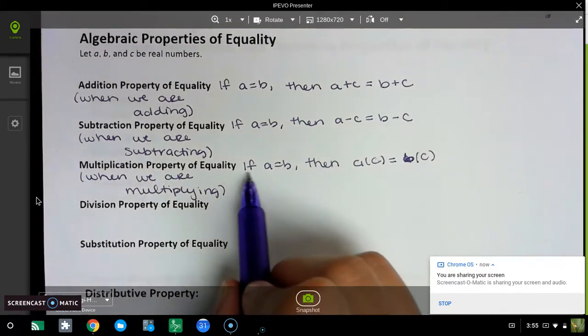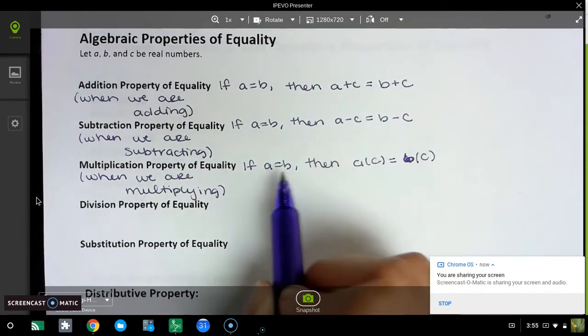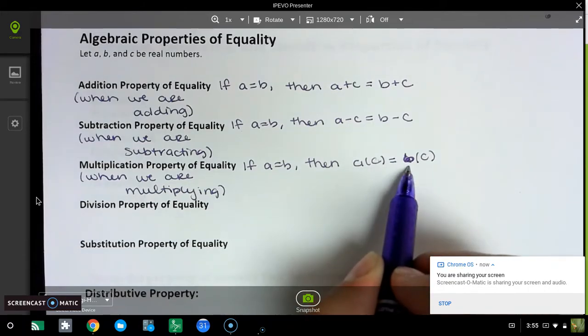If A equals B, then A times C is equal to B times C, because we know these two are equal to each other. So A is the same thing as B, so A times C is equal to B times C.